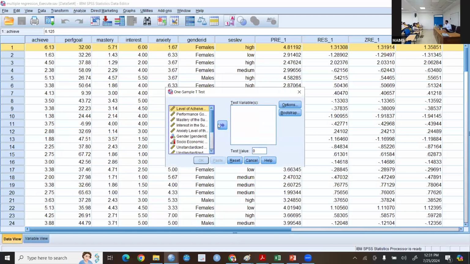So one sample, level of achievement, test variable, right? These are my students' names. Fine. And let us say the average CGPA of IP University is 3. Okay. So this test value 3 must be known to me. That means I know my population. But as I've said, can you know how many people are using a smartphone for using Blinkit to buy groceries at home?